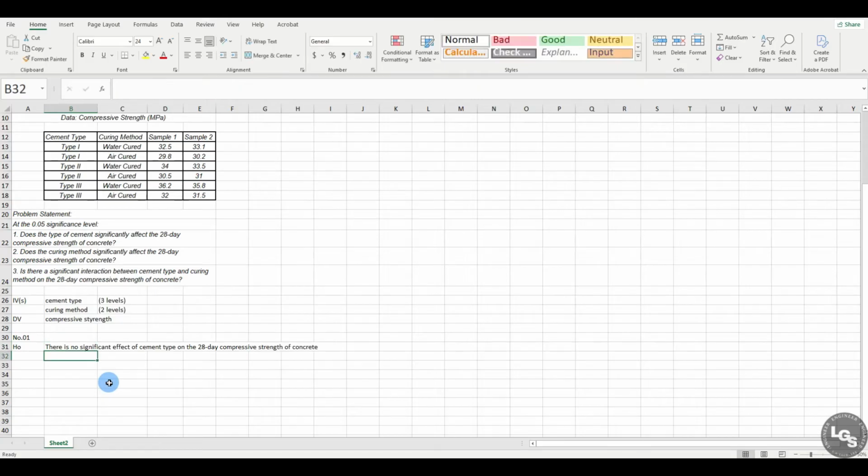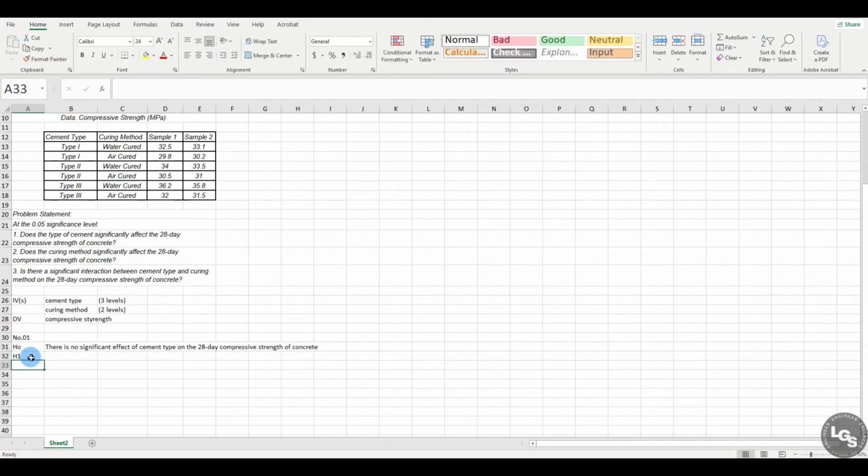So meaning, the mean compressive strength of type 1 is equal to the mean compressive strength of type 2 and also equal to the mean compressive strength of type 3, because there is no effect or there is no difference among the three types.